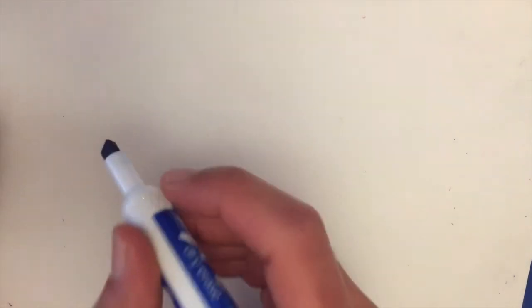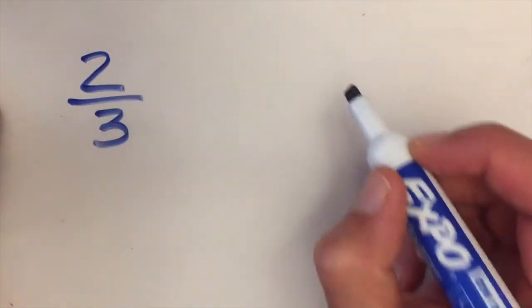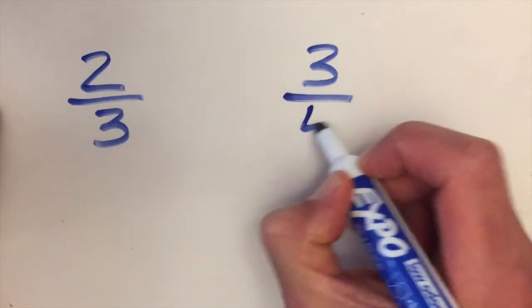Now, when we're talking about some fractions that might be a little harder, there's another strategy that I prefer over just drawing a circle or square or rectangle for each fraction. Let's say we're going to be comparing 2/3 and 3/4.